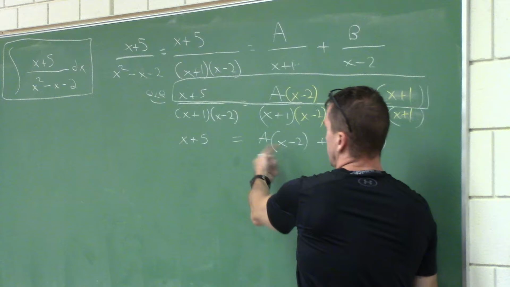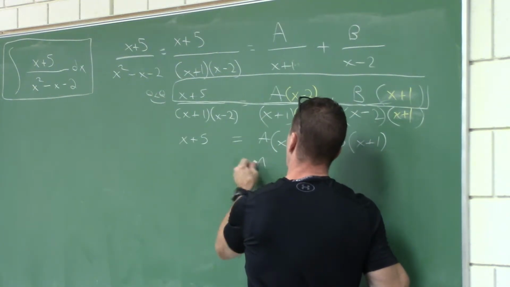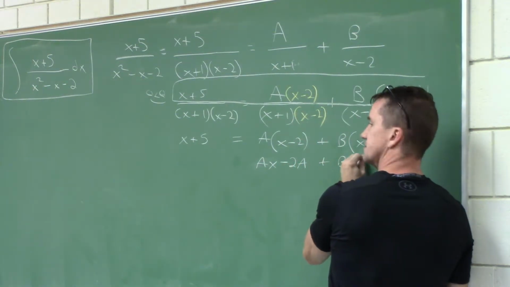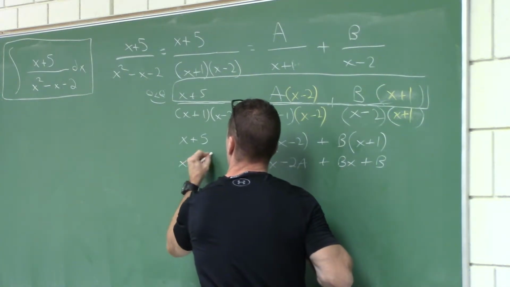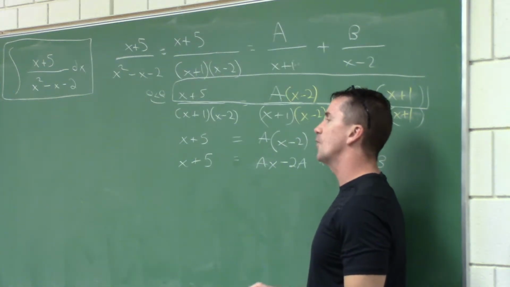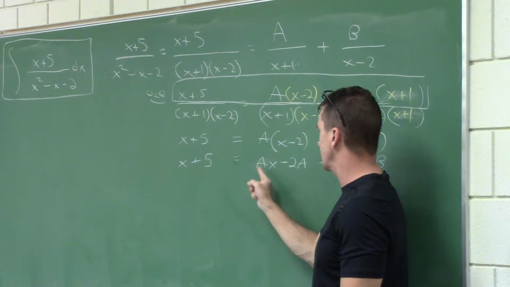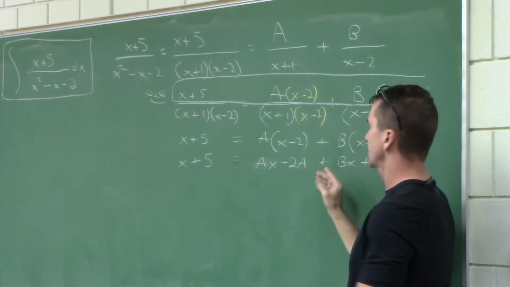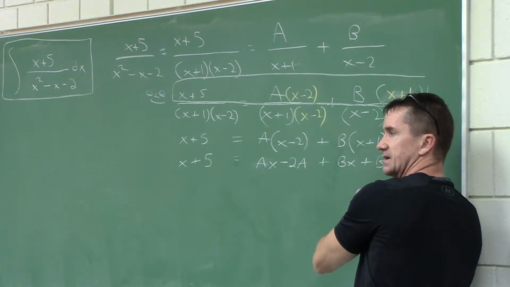So what I'm going to do here is distribute this: Ax minus 2A plus Bx plus B. I'm trying to equate coefficients on either side of this equation. So leave that x plus 5 there, but can you do me a favor on this right side? Now that you've distributed these, can you collect everything that has an x with it, and then leave the constants at the end?